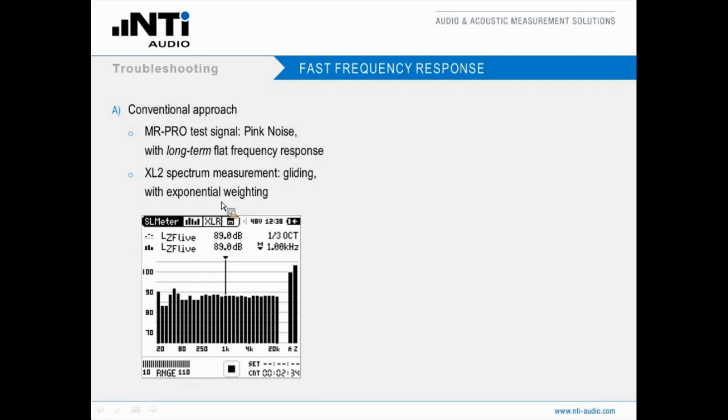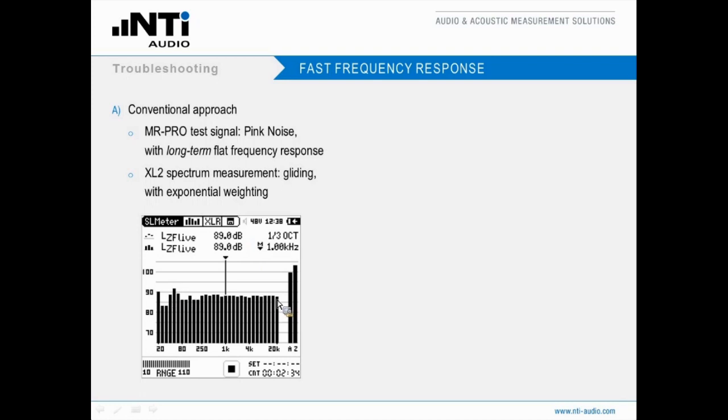That's what we call gliding measurement. And it is weighting these measurements it is acquiring in an exponential way. That means that the most recent measurement results will be weighted higher than the results that have passed a little bit of time ago. So the youngest results are the most important ones for the overall result of the XL2.